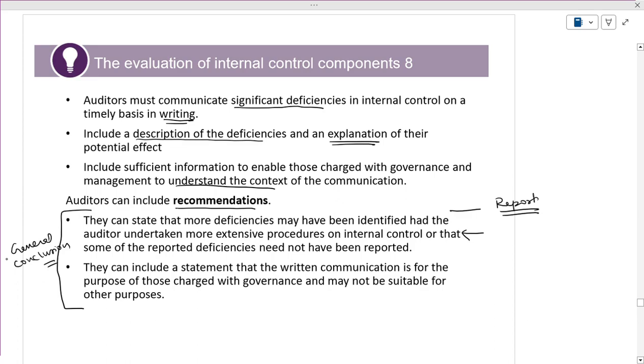The auditors can say that the above deficiencies are only a few, and that more deficiencies may have been identified had the auditor undertaken more extensive procedures on internal control. Make it one sentence.